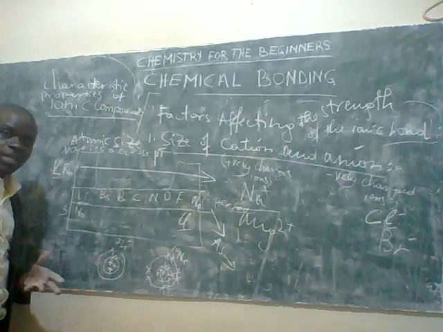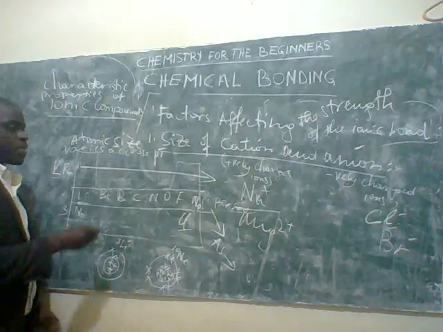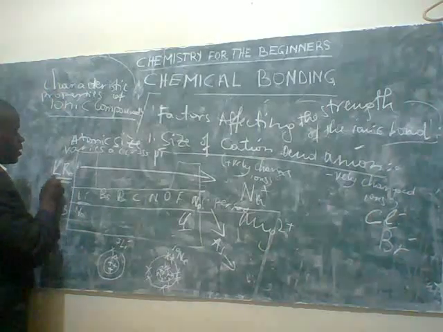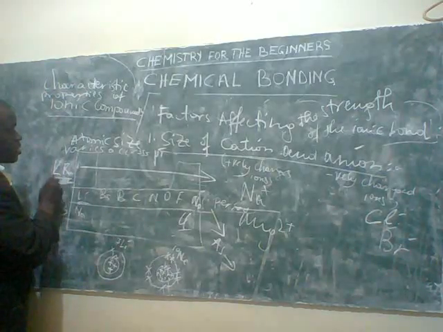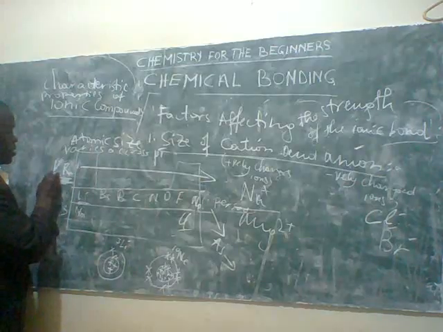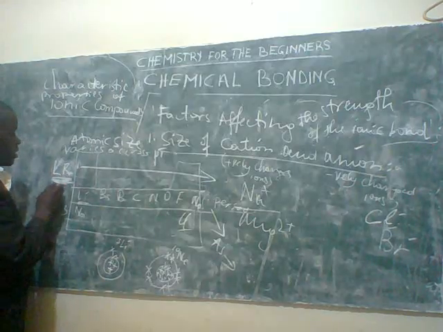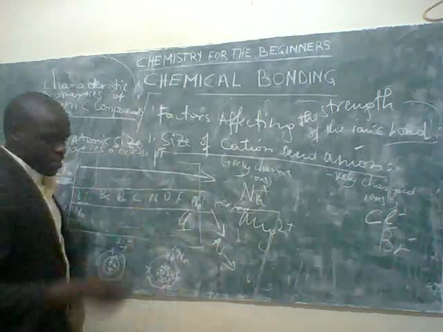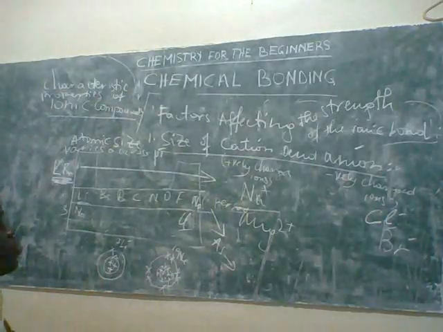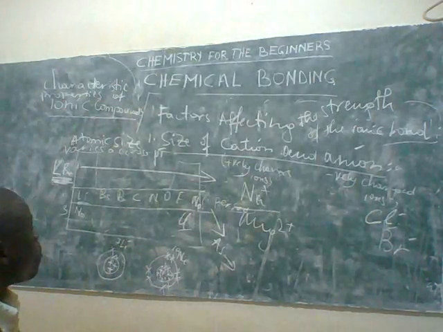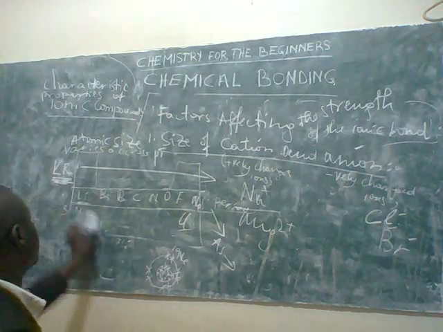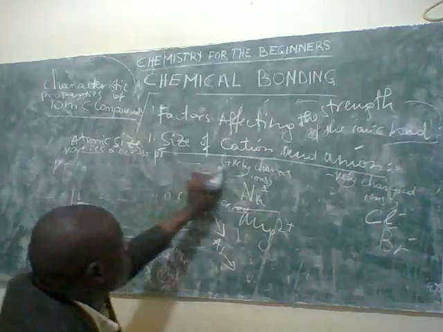But when they are in the same period, you use this general assumption that from left to the right, the size decreases due to the increase of positivity in the nucleus. That's what I can say. So let us move.